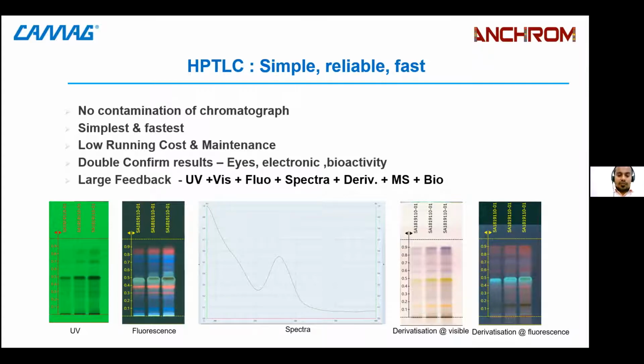And after the development, you can go for scanning: single wavelength scanning, multi-wavelength scanning, and spectrum data. And after this, you can go for derivatization of the same plate. Because of this derivatization, the data is going to change, and that changed data is additional information for the same sample. So for a single sample in a single run, you have a lot of information which you can use for further analysis.